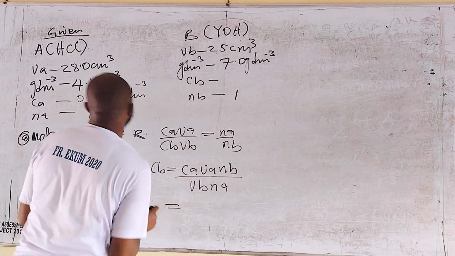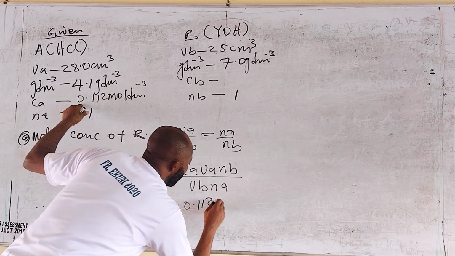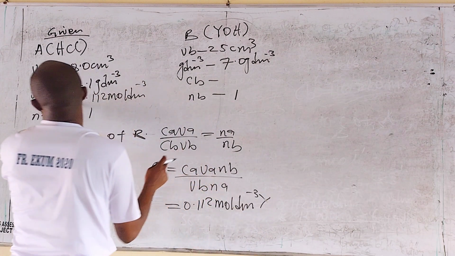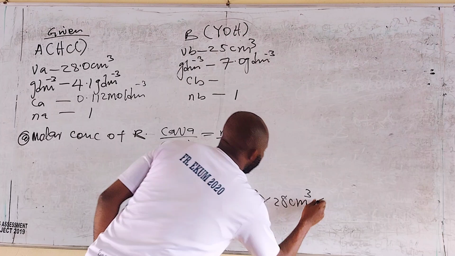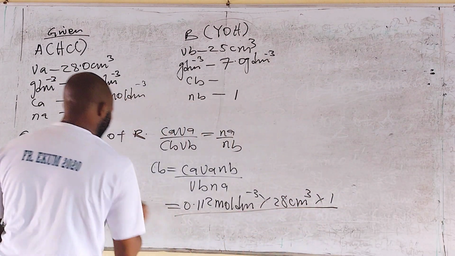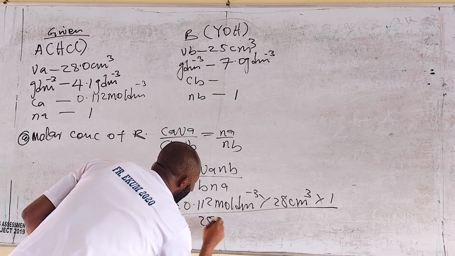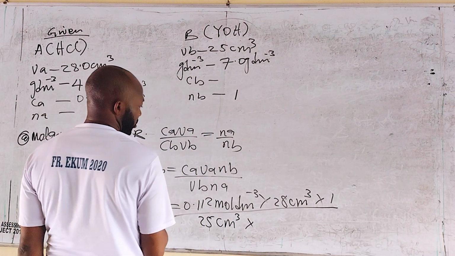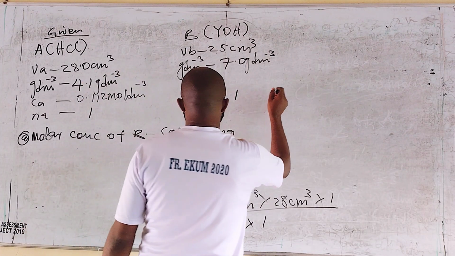This is equal to the concentration of the acid, 0.112 mole per dm³, times volume of the acid, 28 cm³, times number of moles of the acid, 1, all over volume of the base, 25 cm³, times number of moles of the base, 1.